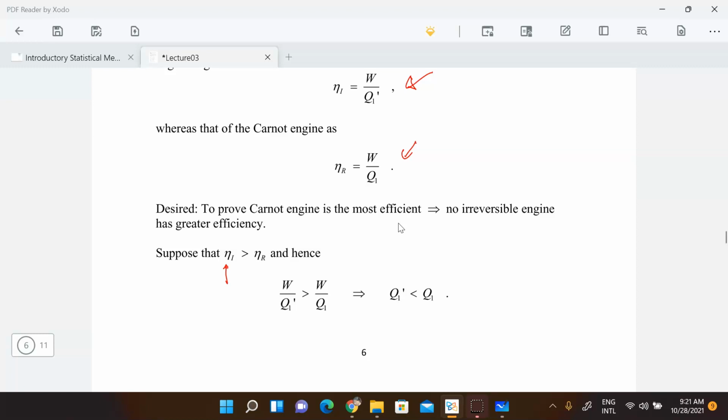Then you should have, by definition, W over Q1 dash greater than W over Q1. Remember that W over here is the same amount of work we are comparing. So if the whole thing is bigger than that, Q1 dash has to be smaller than Q1. So you get that.